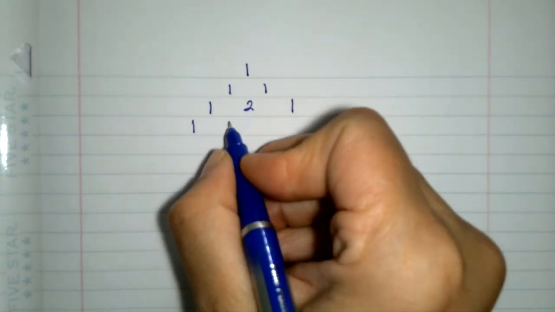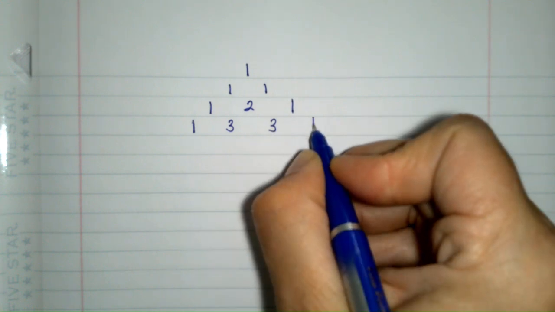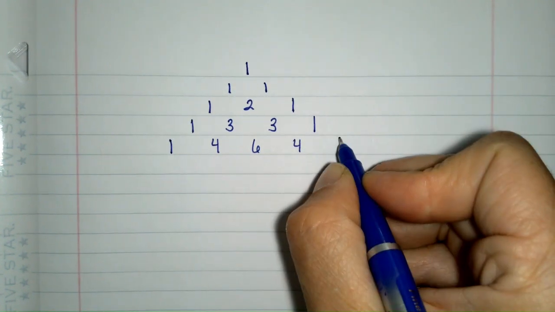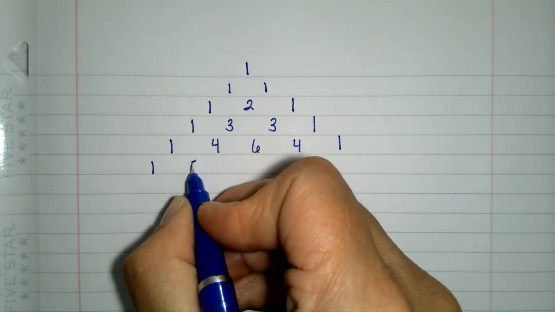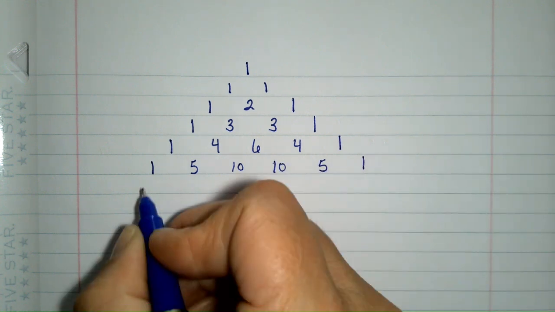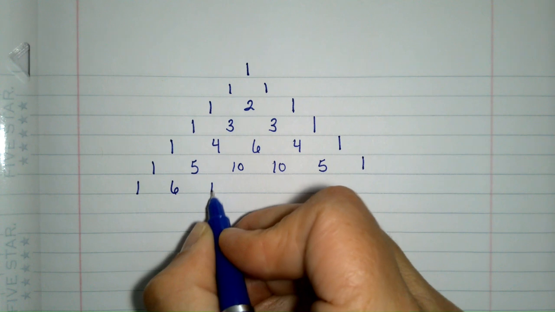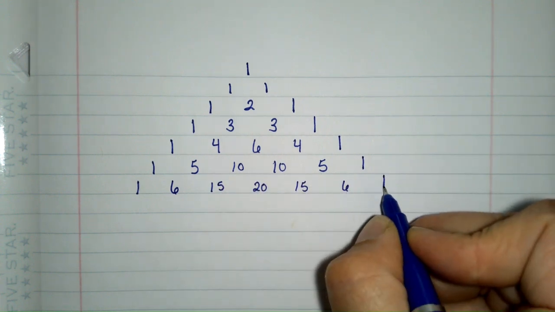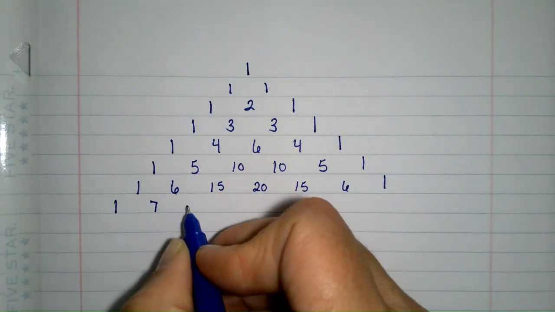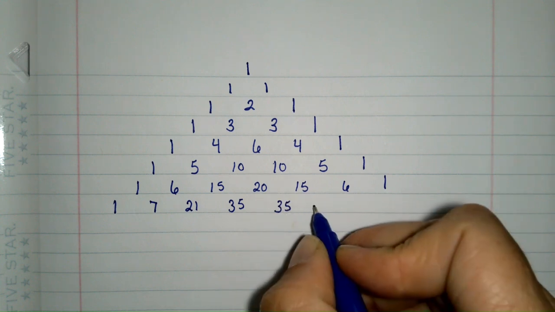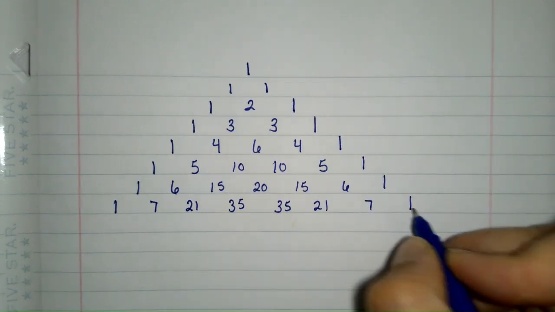Then 1, 2, 1. 1, 3, 3, 1. 1, 4, 6, 4, 1. 1, 5, 10, 10, 5, 1. 1, 6, 15, 20, 15, 6, 1. 1, 7, 21, 35, 35, 21, 7, 1.